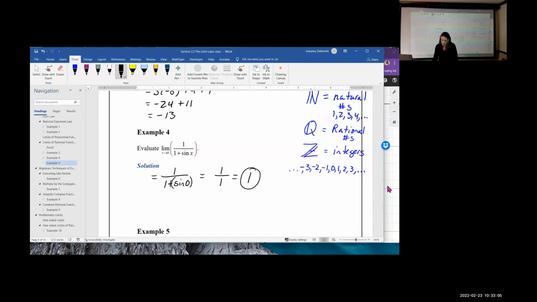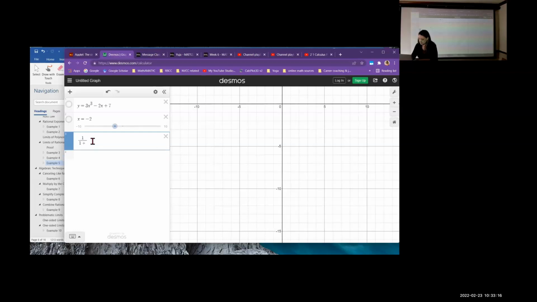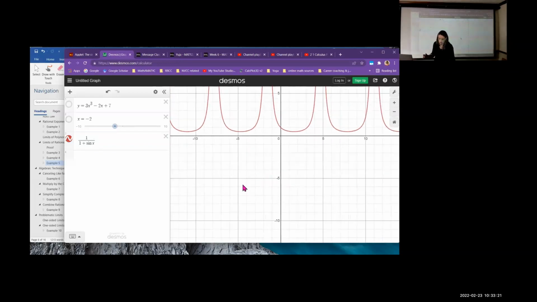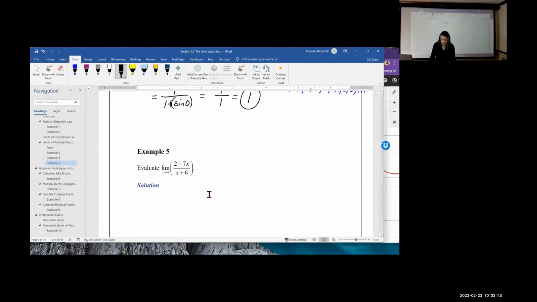That means that when we look at the graph of 1 over 1 plus sine x, and we get close to 0, the value should be 1. And there it is right there. As we approach the graph from both the left and the right side of 0, the y value looks like it hits 1. And in fact, it does hit 1. It is defined there. All right. That's what the limit is, the intuitive and the algebraic.